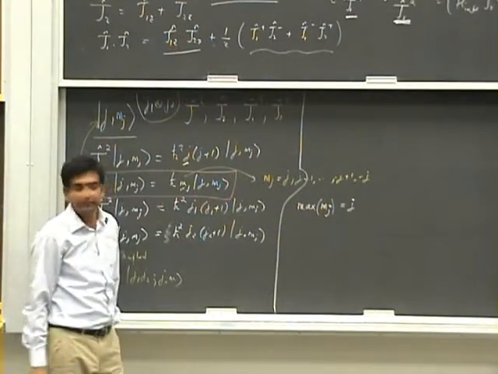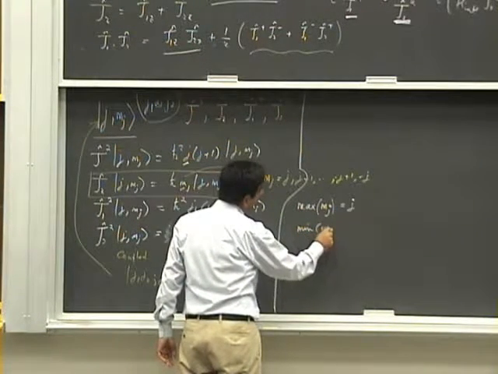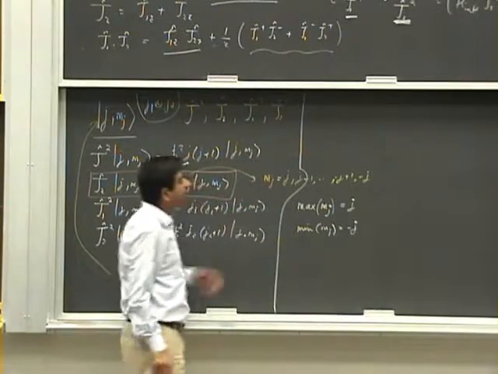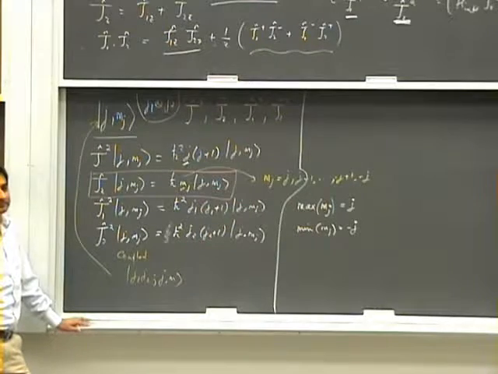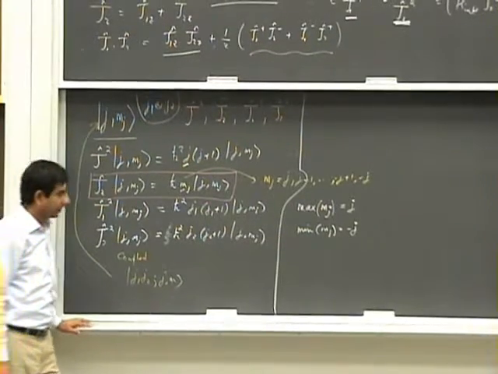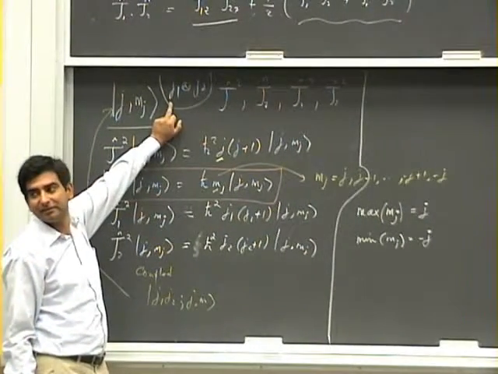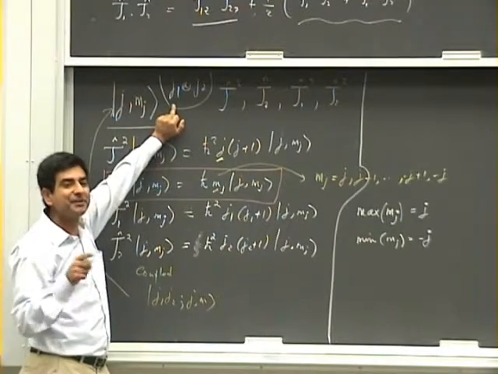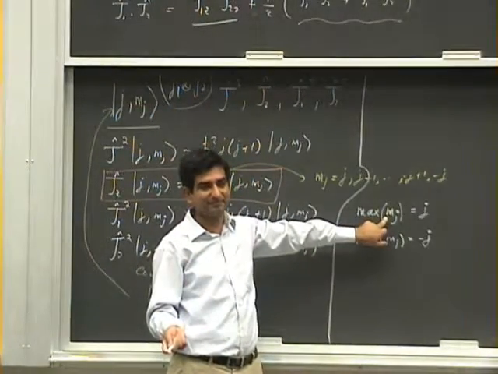And what's the minimum value of mj? It's minus j. Now when can I achieve the maximum value of mj? I have two particles, each with angular momentum j1 and j2. This is just the z component of the total angular momentum.